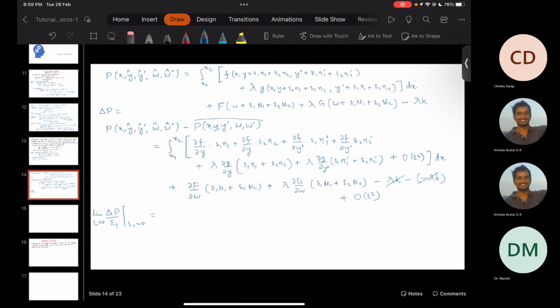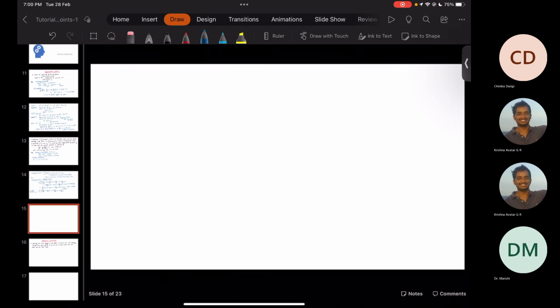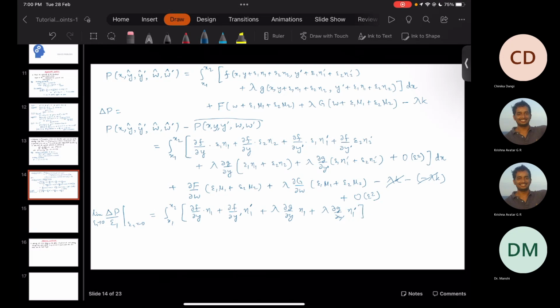So this gives us the integral from x1 to x2 of dou f by dou y, and since epsilon 2 is 0, the second term won't be there, into eta 1 plus, likewise, dou f by dou y prime into eta 1 prime, plus lambda into dou g by dou y into eta 1 plus lambda dou g by dou y prime into eta 1 prime, with respect to dx.